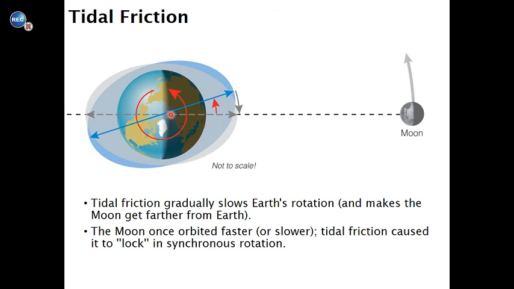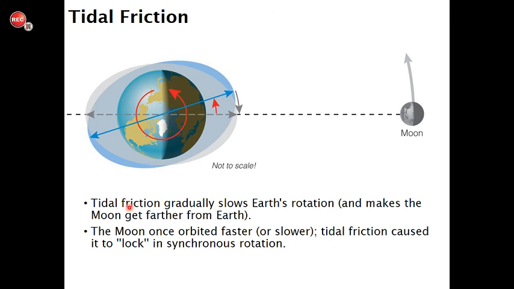Now, what that means is it changes its angular momentum. That has to go somewhere, and the thing that's causing it is the moon. So the moon gains angular momentum, which means it has to change its orbit slightly. It has to get farther away in order to speed up appropriately to change it.